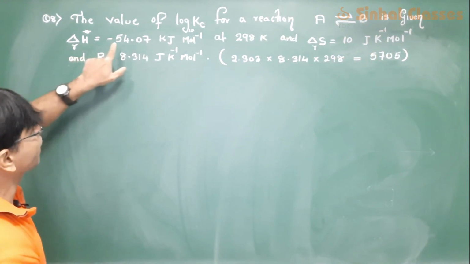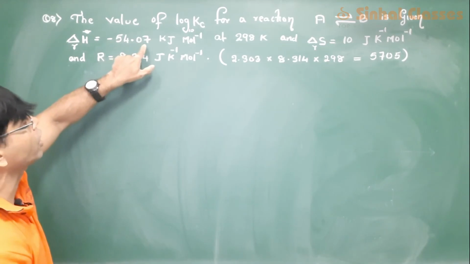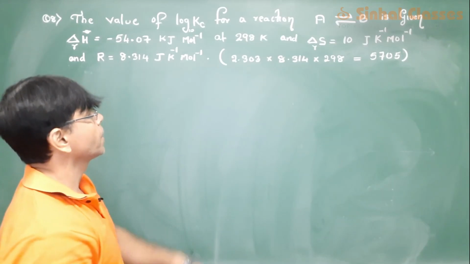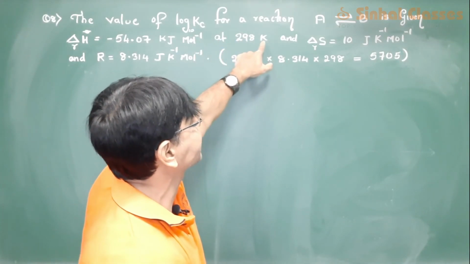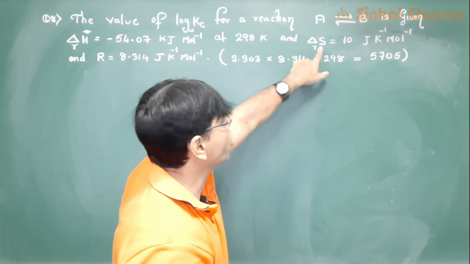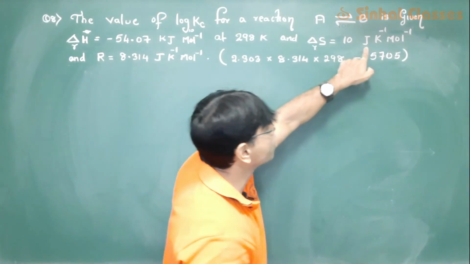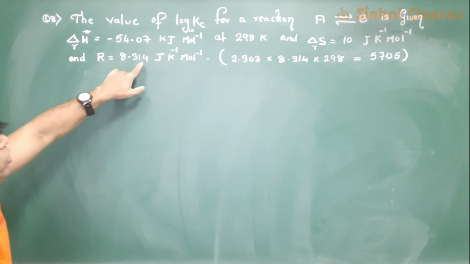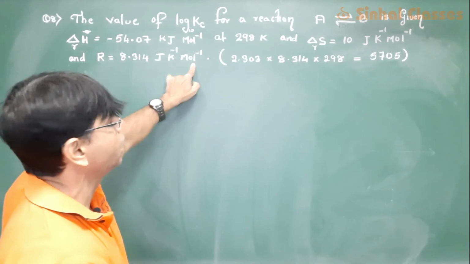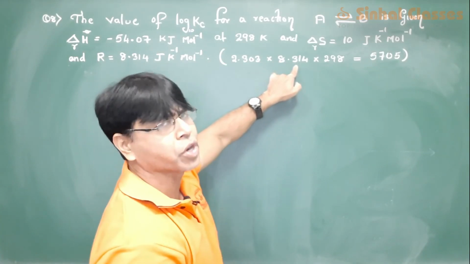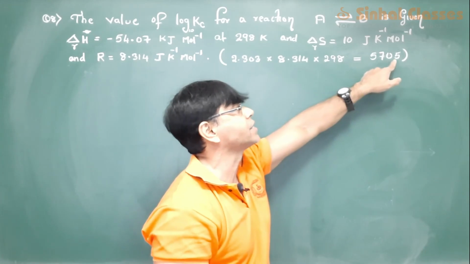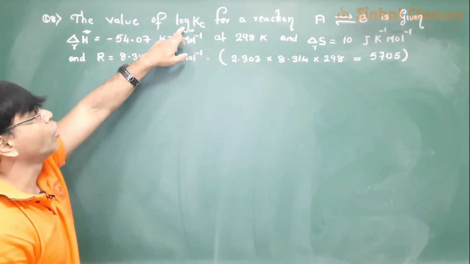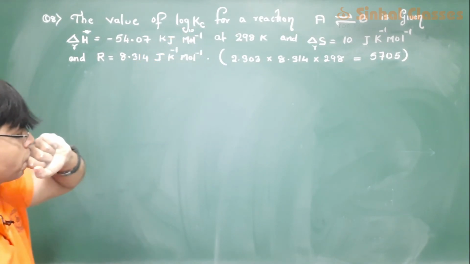Delta H is minus 54.07 kilojoules per mole at 298 Kelvin, entropy change for the reaction is 10 joules per Kelvin per mole, R is 8.314 joules per Kelvin per mole, and 2.303 into 8.314 into 298 is given as 5705. You are supposed to find log to the base 10 of Kc.